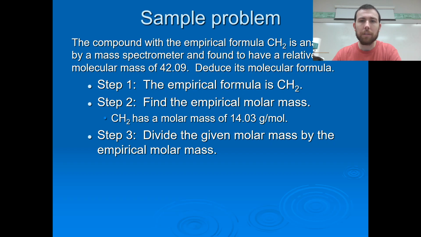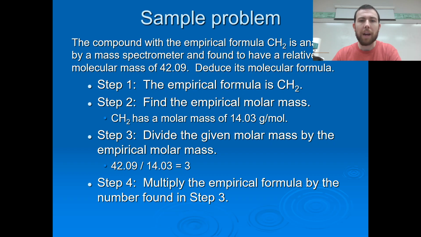So 42.09 divided by 14.03 is very conveniently 3. So now we're going to multiply our empirical formula by the number found in step 3. So we're going to take CH2 and multiply all that by 3, which should give us C3H6, right? So our molecular formula for this particular compound would be C3H6.